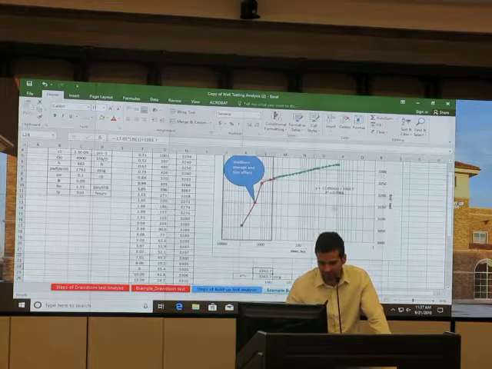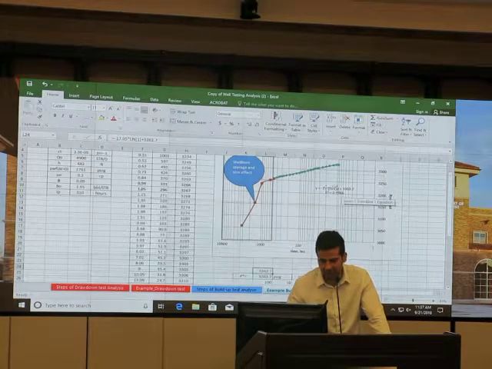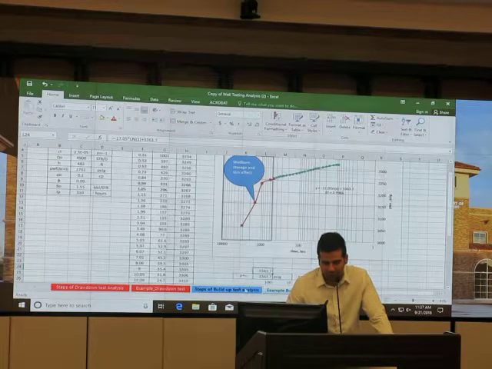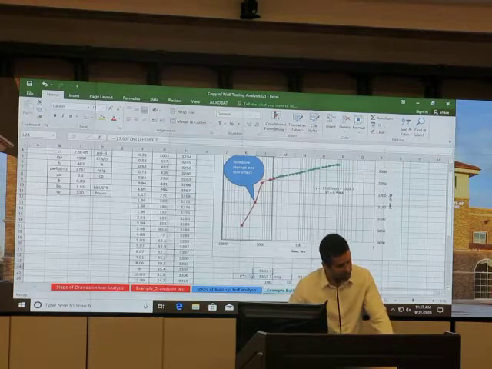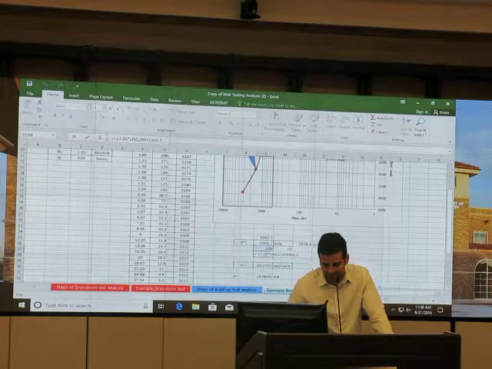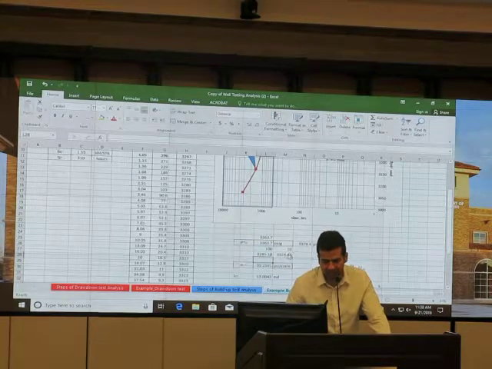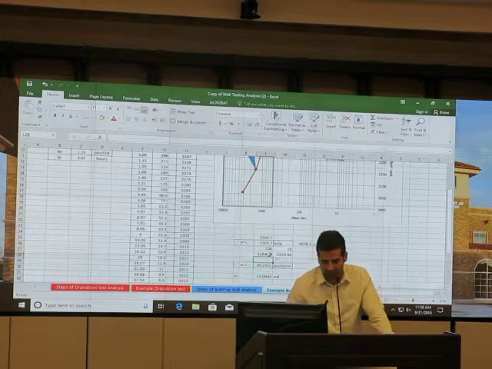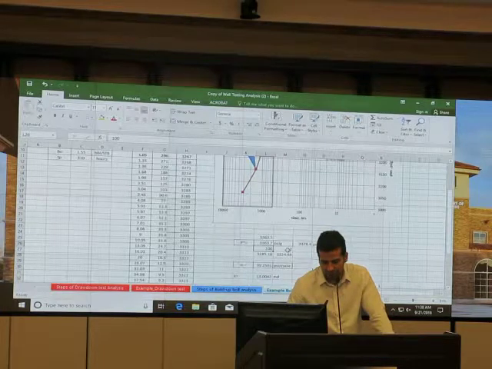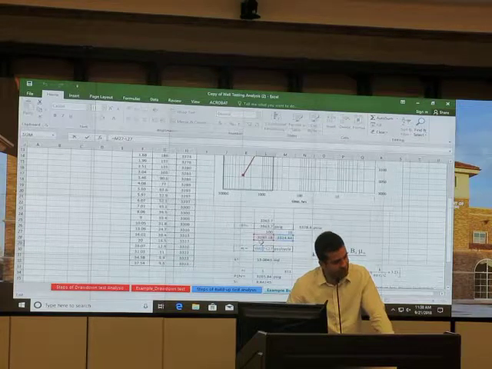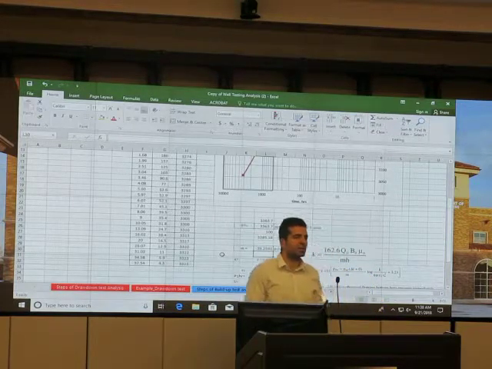Actually, I don't have to do it, because when X is 1, this value goes to 0. So you get the P star, which is equivalent to PI, an approximation. So you go ahead and calculate the pressure at 2 different times, which is going to result in one log cycle. We calculate for 100, and we calculate for 10. And then we can get the slope from this one cycle. But again, this is just one method.